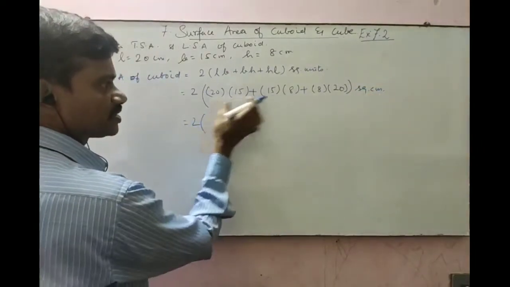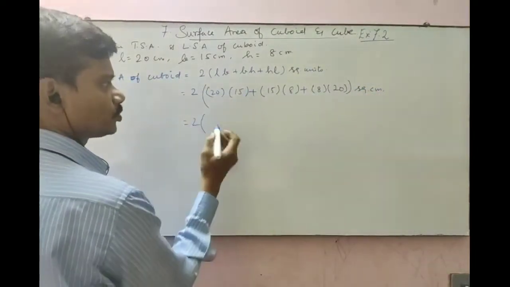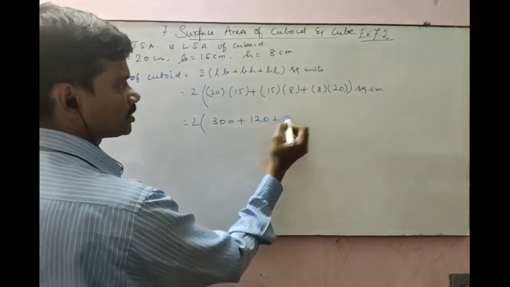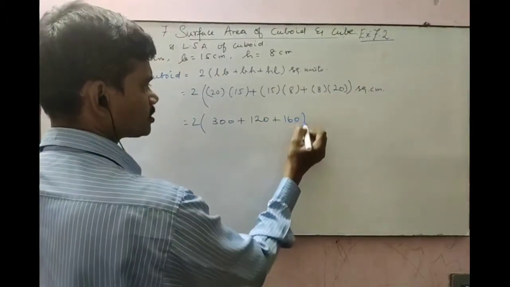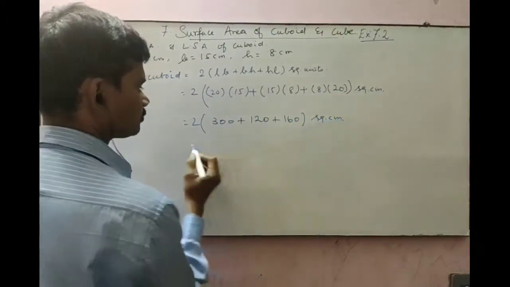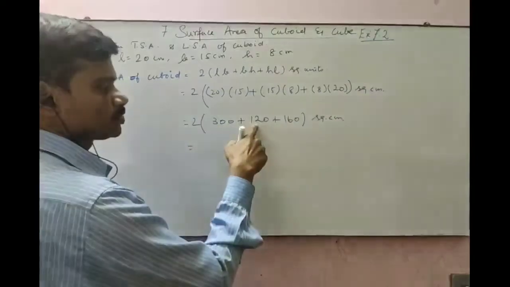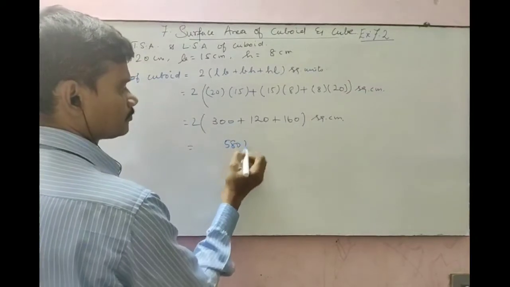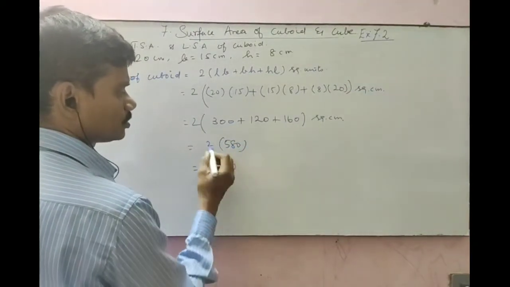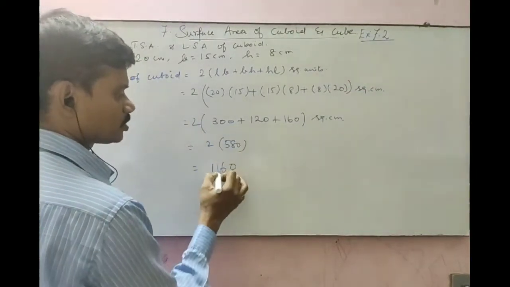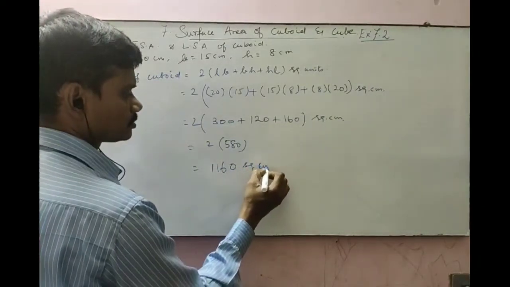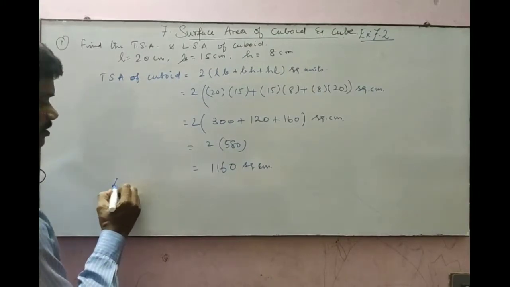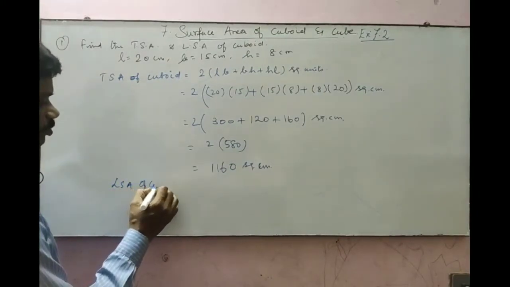First you multiply the things which are inside the bracket. 20 into 15 gives 300, 15 into 8 gives 120, 8 into 20 is 160 square centimeter. 300 plus 120 is 420, 420 plus 160 is 580, into 2 gives 1160 square centimeter. Next we are going to find the LSA of cuboid.